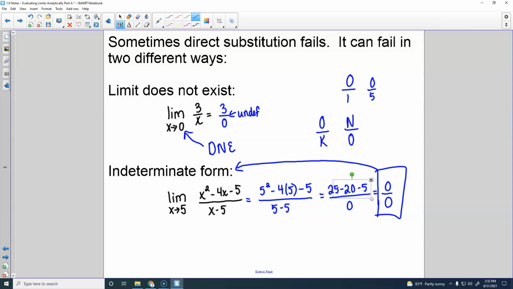It means you cannot determine anything from it. So, if we get the indeterminate form, we cannot say the limit does exist or does not exist. We still don't know. We cannot determine it, unless we do more work and figure something out. We do that later.